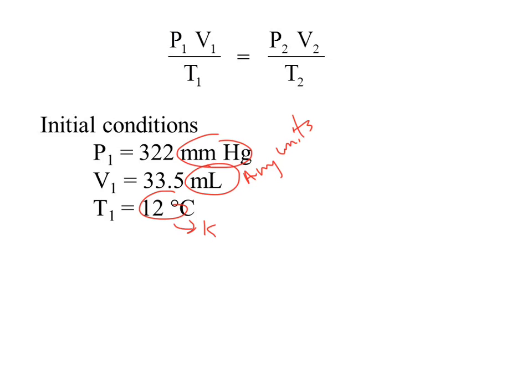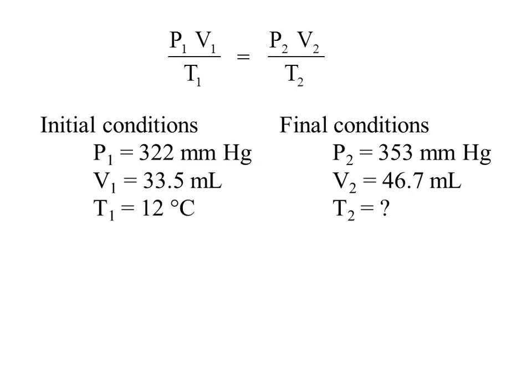Basically, you can see in that combined gas law equation, you have 6 variables and one of them we don't know. It just so happens in this case we don't know T2, because you had the second pressure and the second volume, but you didn't have the second temperature. It's very easy to make an algebra mistake.